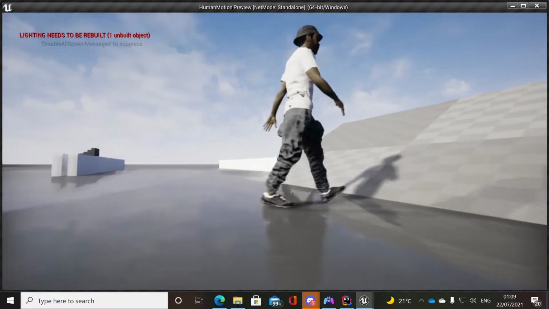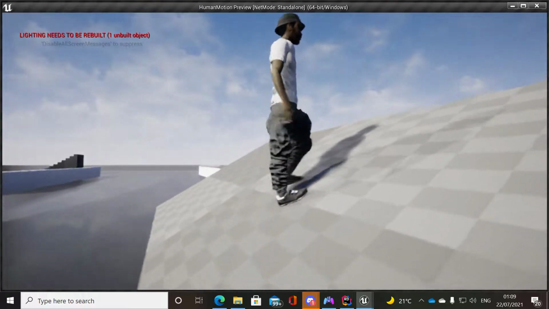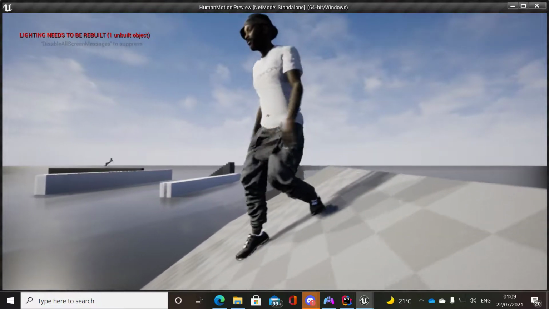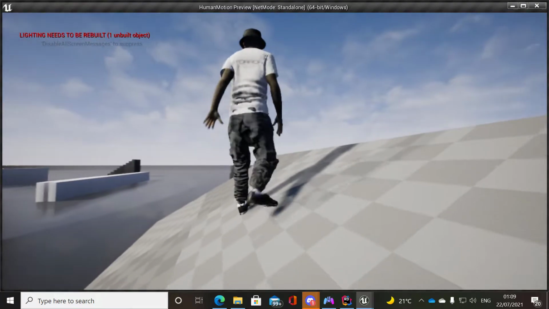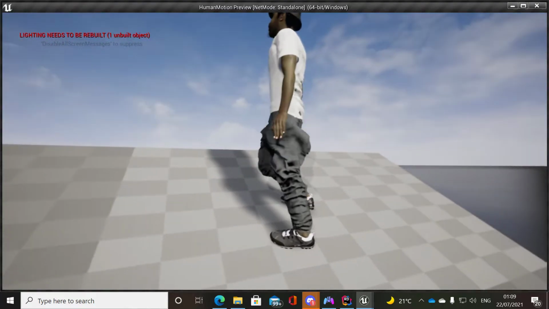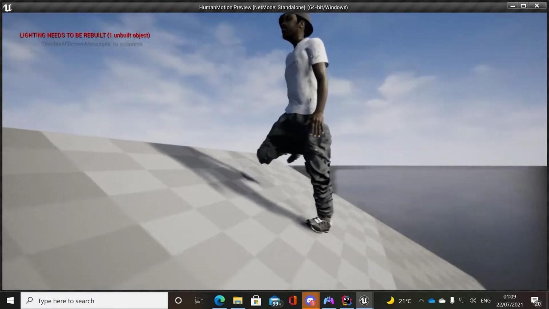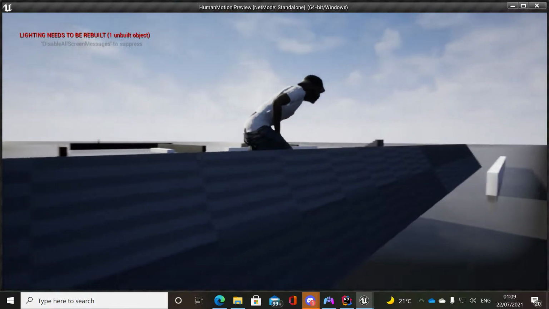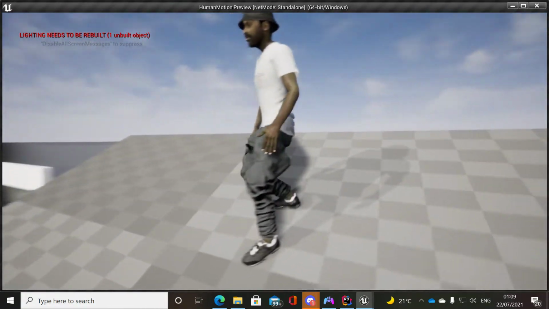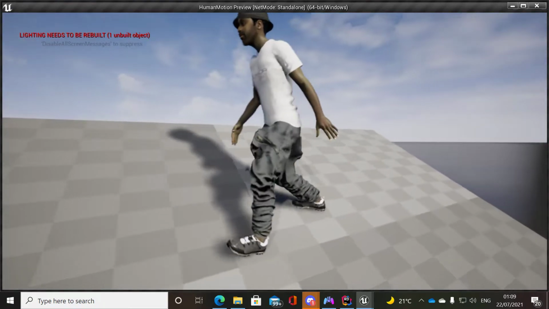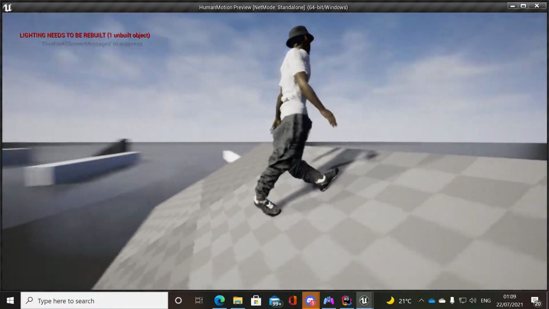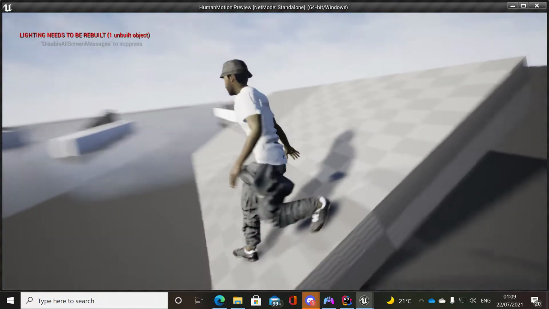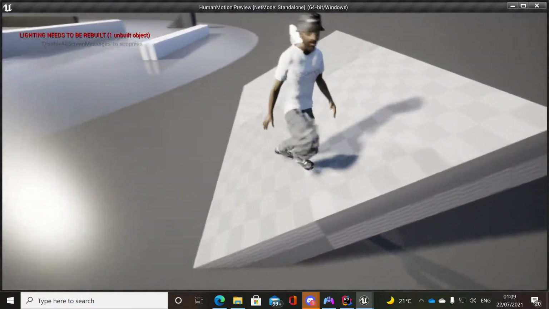So when there is a collision between the foot and the ground, and that's probably dictated by the raycast offset, when that raycast is not null, then we're going to do IK on the foot.